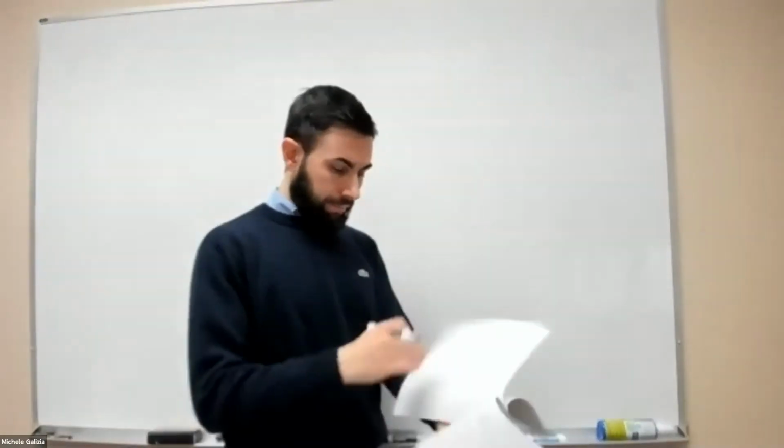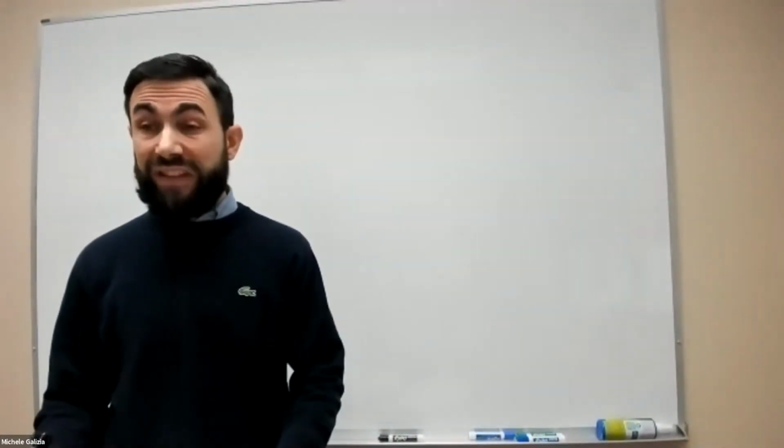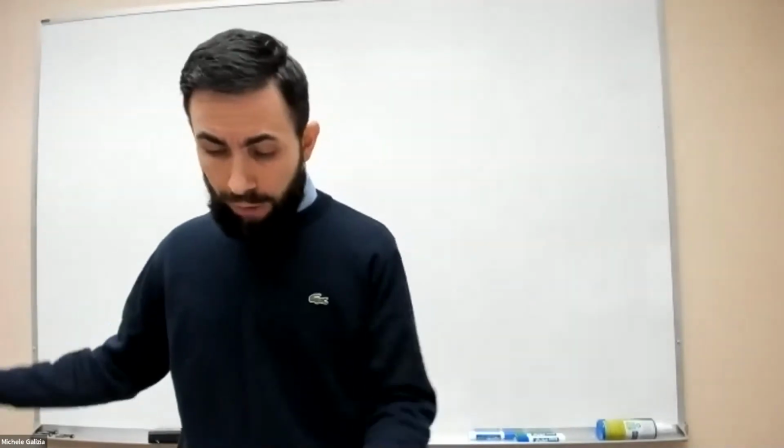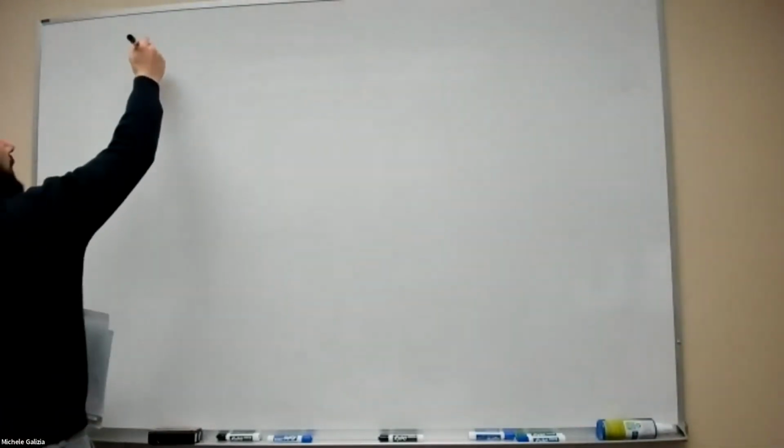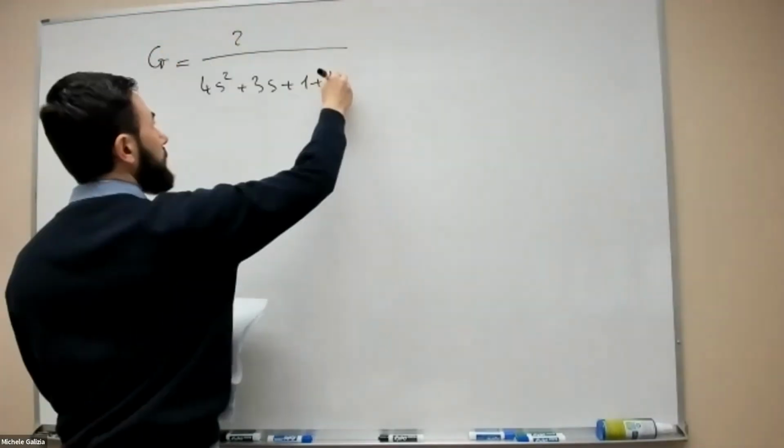Okay, so let's consider another example, which is problem 15, in the list of problems that you have on Canvas. And to be honest, we started this problem last time. So a process is described by a transfer function like this.